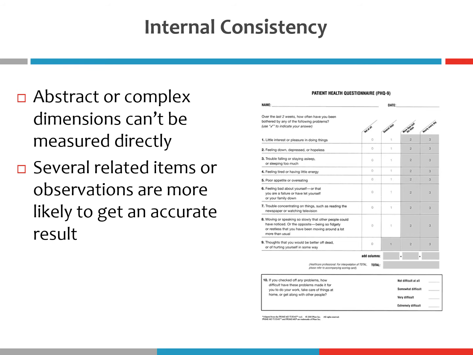And the reason why we want to have multiple questions assessing the same construct is if we only had one question, it's possible that our respondent might not understand the question, okay? So their response to that one question wouldn't be an accurate representation of their true score on that construct, but rather it would be a function of error, which in this case reflects the individual's lack of understanding, right?